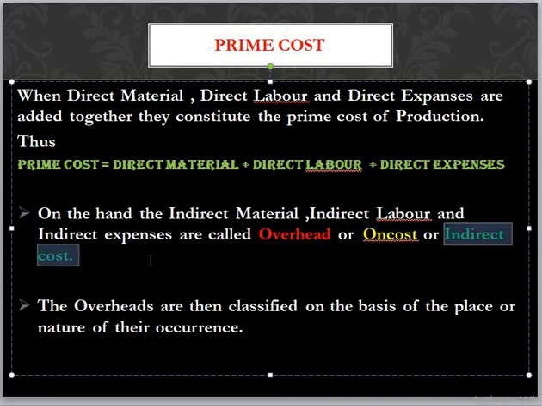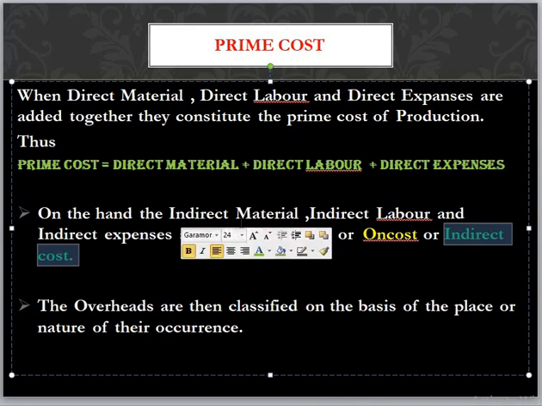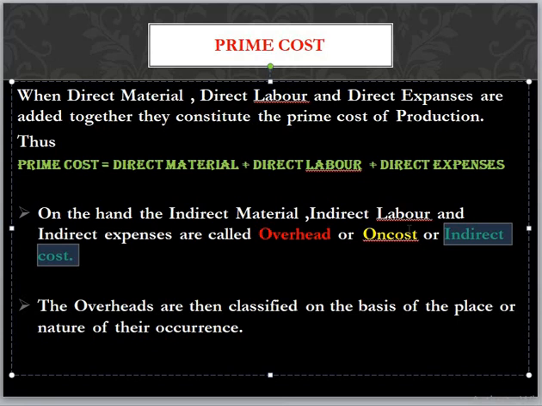So the sum of indirect material, indirect labor and indirect expenses means overhead or on cost or indirect cost. These overheads are further classified into different groups, which we will see in the next slide.